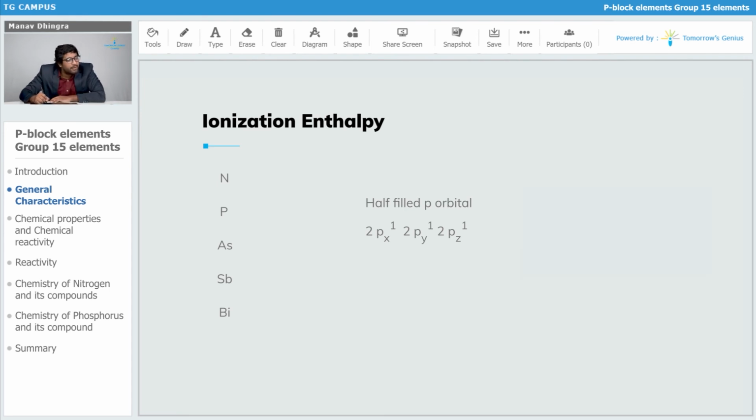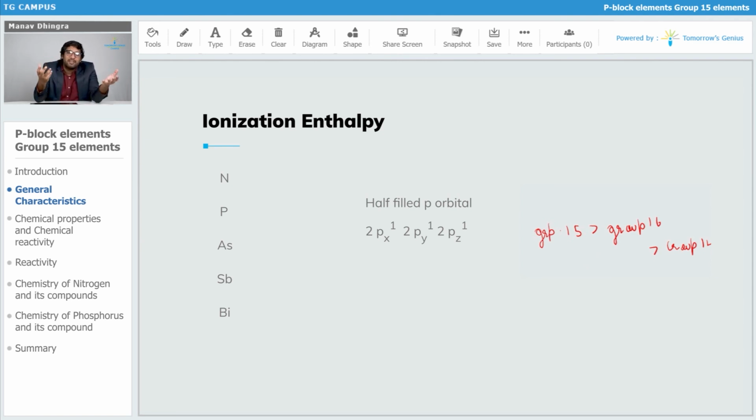So the trend will be group 15 will be the highest, then group 16, which will be higher than that of group 14, right?